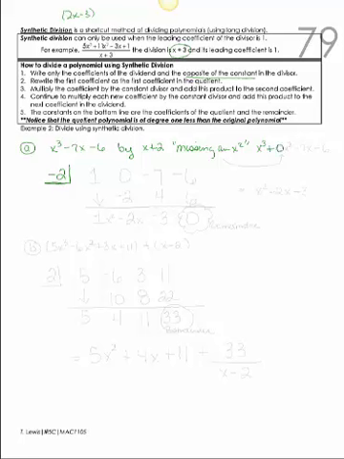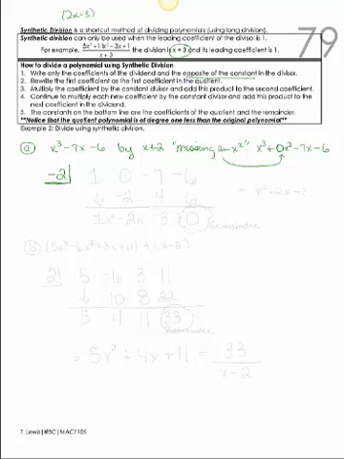So you say 0x squared, then minus 7x minus 6. We still want our terms to be in descending order. This is the missing x squared term. Insert a 0 for the coefficient.